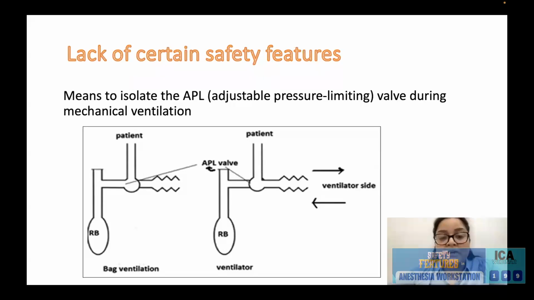During mechanical ventilation, the gas will escape to the scavenging system and the patient might be hypoventilated. This means the delivered tidal volume might be considerably less than what is set on the ventilator. Isolation of the APL valve can be done both mechanically as well as electronically, based on the type of workstation we are using.